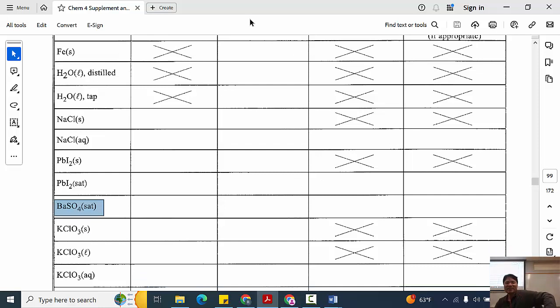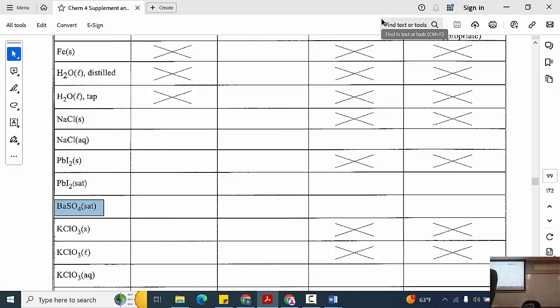All right, so the next thing we're looking at is saturated barium sulfate. So this is it here. There's a bunch of white barium sulfate down here. Let's take a look. What do you expect?